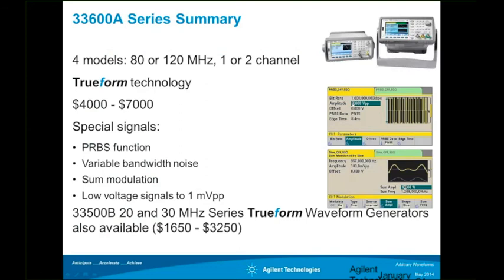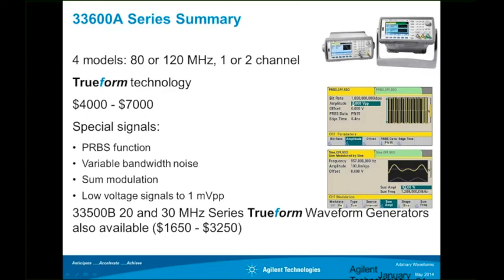So you can define your bandwidth on your noise signal. You can also do something called sum modulation. Sum modulation allows you to add 2 signals together. So you can add channel 1 or channel 2, or you can add up to 4 signals together onto a single output. That's going to allow you to create even a very complex signal.